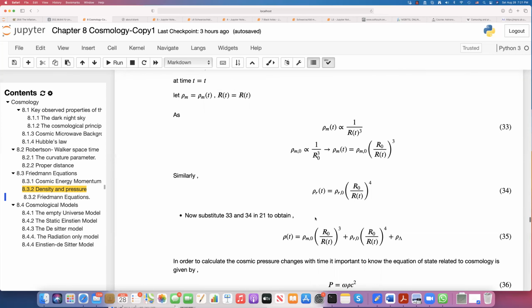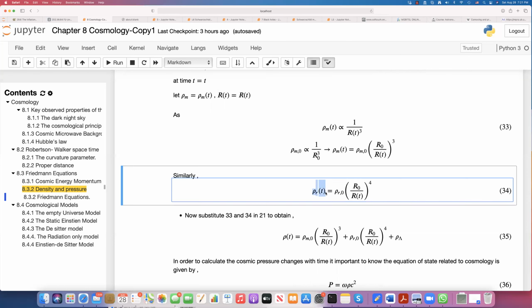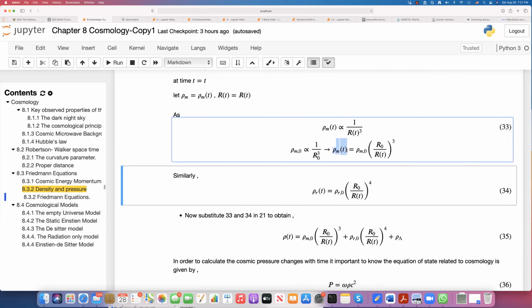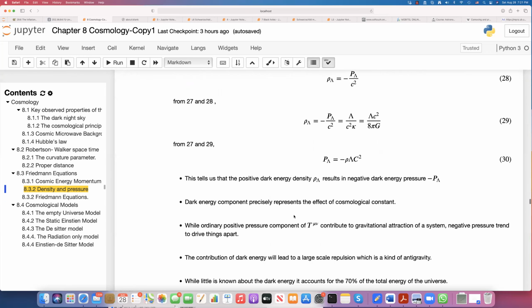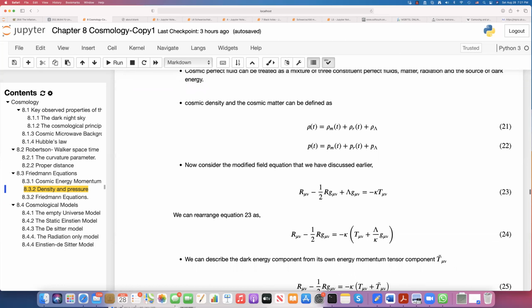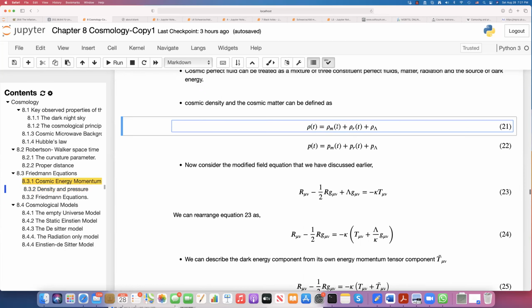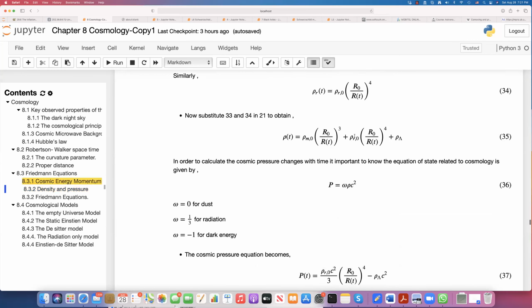Which means now I have an expression for the radiation density as a function of time and for the matter density as well. Now I can go back to this equation, which is this one, right? And substitute values for rho_m(t) and rho_r(t), which is what I am doing here.